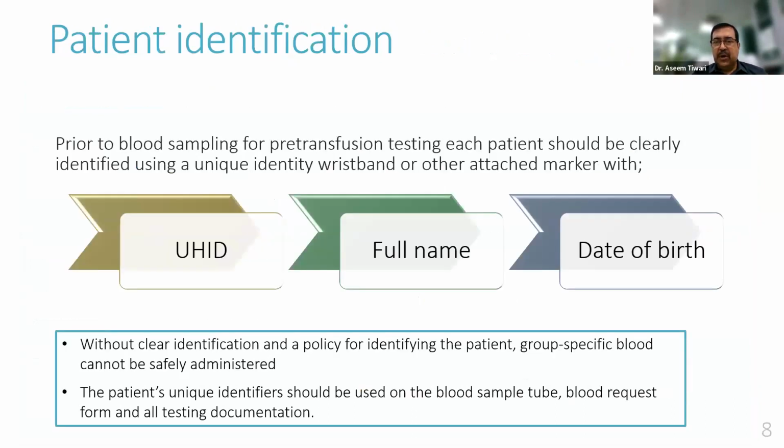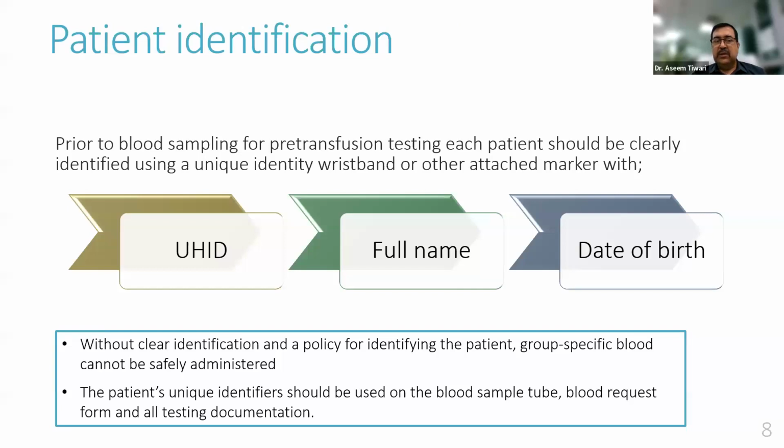Now, it's extremely important, and I need not overemphasize, that the patient has to be identified correctly right at the beginning. If we don't collect the correct blood, then everything which happens thereafter can be incorrect.